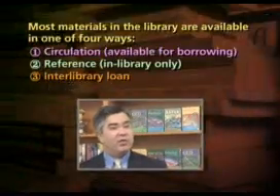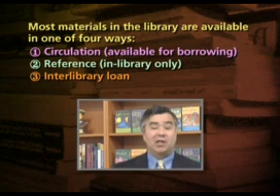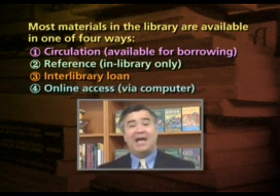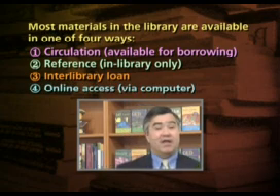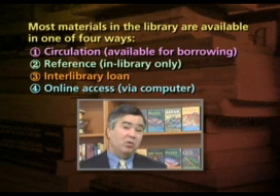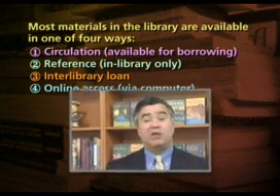And finally, the fourth way of getting access to library materials is, again, online access via a computer. If you have a computer at home, you can do most of your online research from there or from your school, if that's where you do your computer work. But nowadays, most libraries also have computer terminals that are available. Be sure you ask about what the rules are.